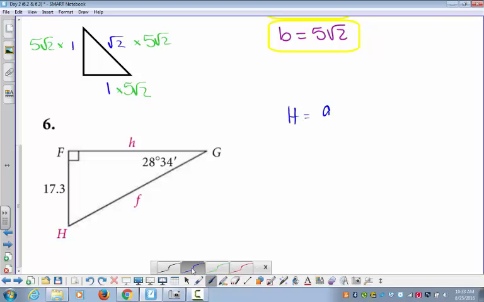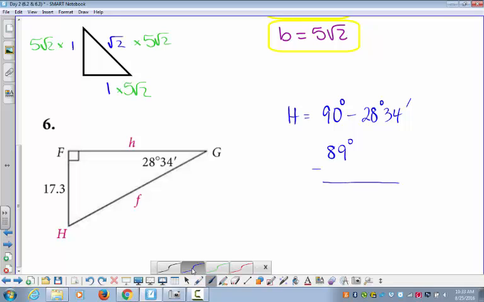So H will be 90 degrees minus 28 degrees 34 minutes. And here's the simplest way, I think, to do subtraction: to stack them.